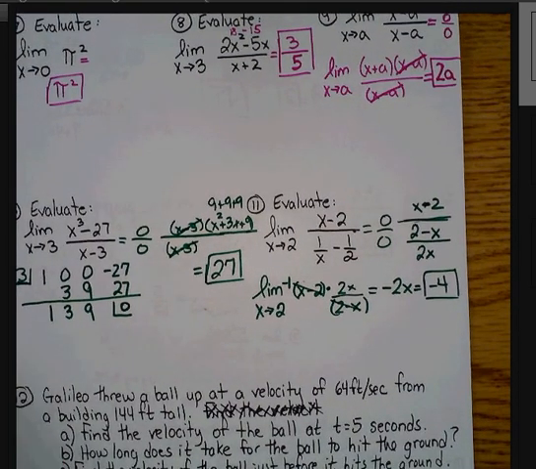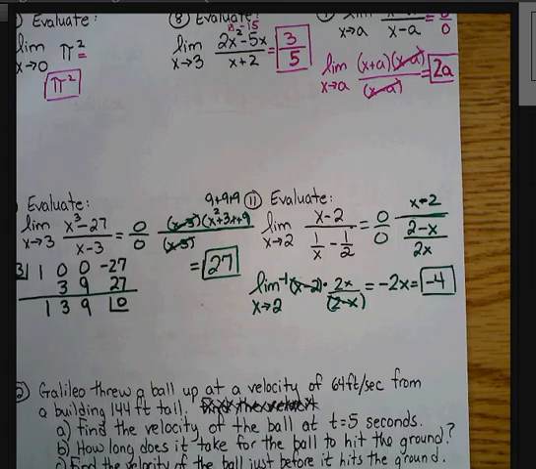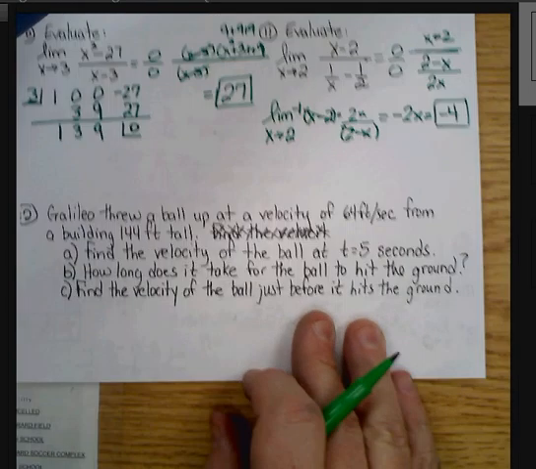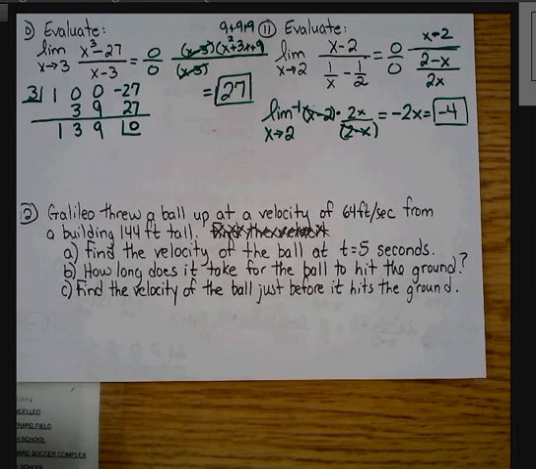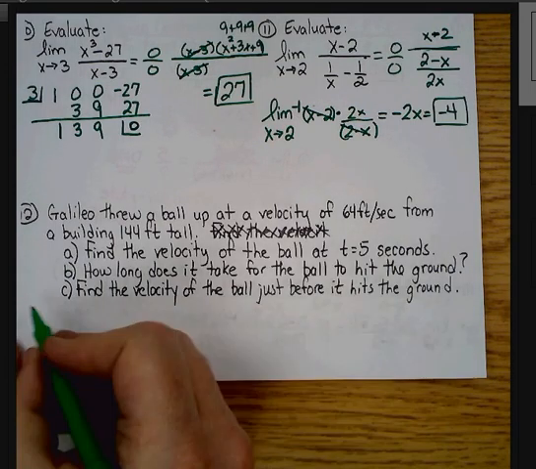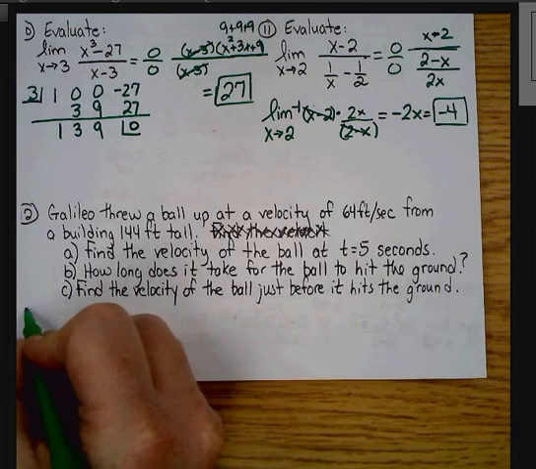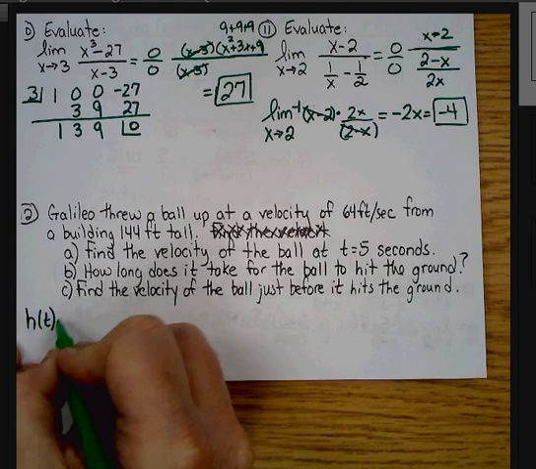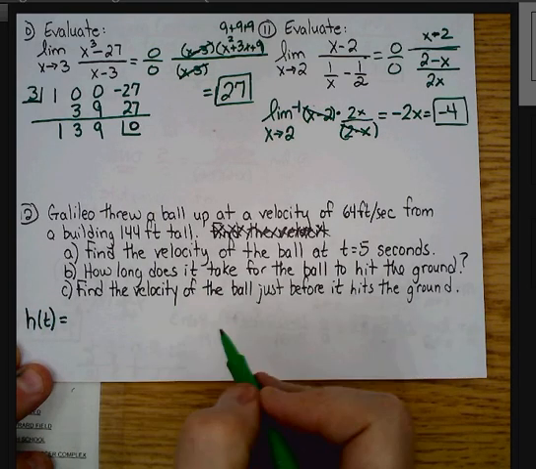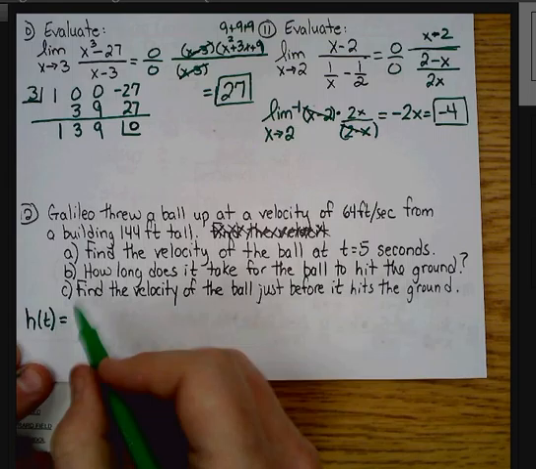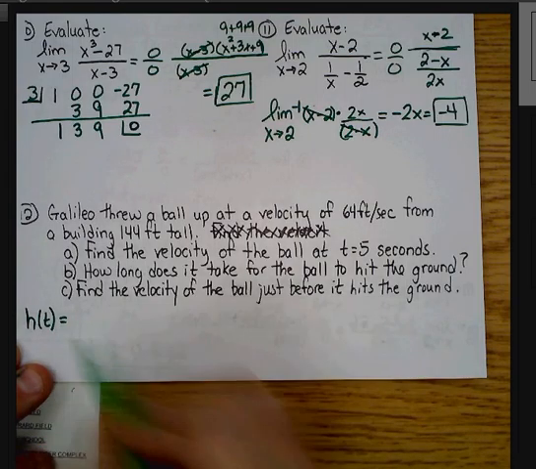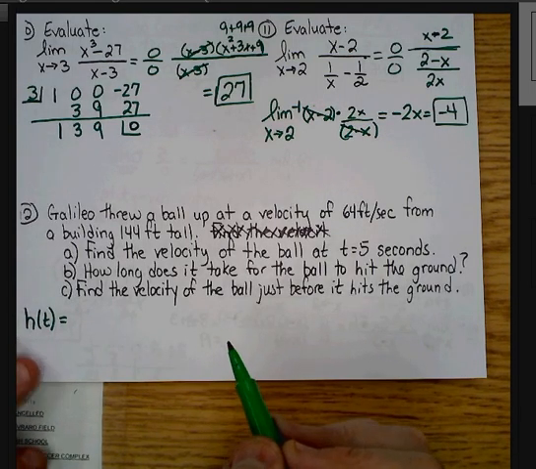For question number 12, I'm going to start question 12 in this video and I'll finish it in the next one. I'm just going to remind you of a couple of facts. One is, if you're not given a height function, you need one, because if I'm going to find velocity, I need basically a position function, and in this case height is going to be the position function.